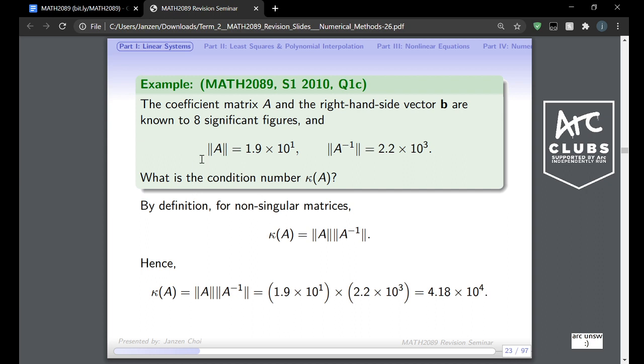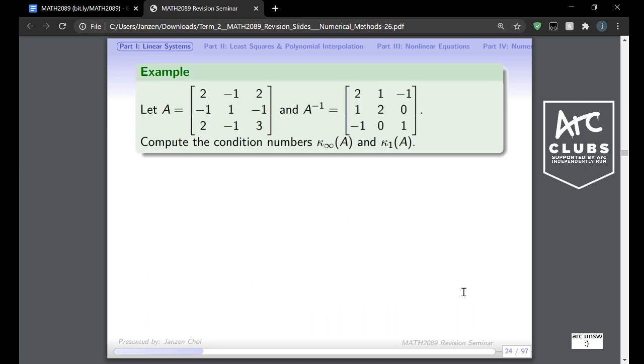Even though they already give us the norm, usually if they don't specify the condition number, you just assume that it's a two-norm condition number, because 2 is just the default norm for matrices and vectors. So hence, we just multiply these norms together, and we'll get 4.18 times 10 to the power of 4.